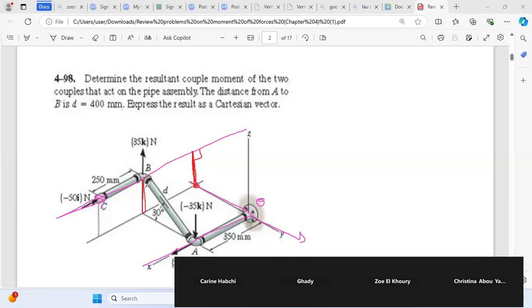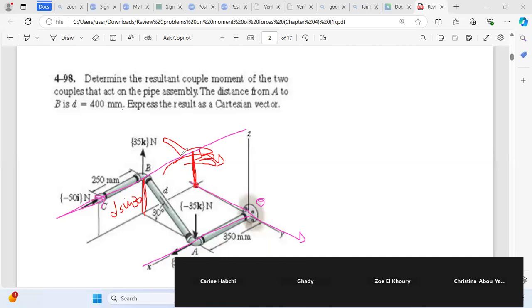What is this distance? It's d sine 30. So if you do d sine 30 times 50, you get the moment created about the y-axis. You still need to know whether it's plus or minus: if you curl the four fingers of your right hand in this direction, your thumb points in negative y, so it's creating a negative moment about y.